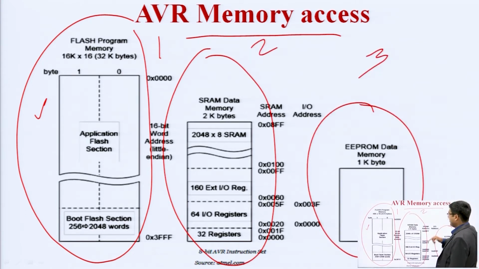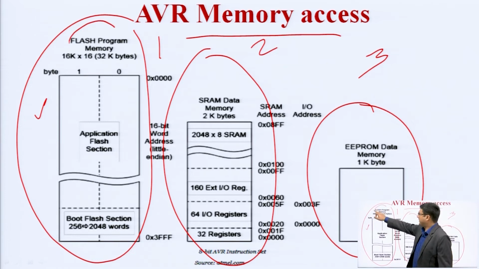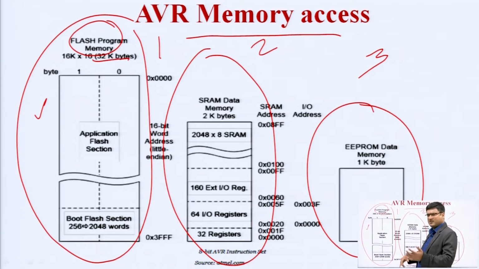In the first block, it is dedicated to the flash program memory. In the features of the AVR microcontroller, we have seen that this AVR microcontroller has a flash program memory. Flash means that read or write operations are possible in AVR microcontrollers.